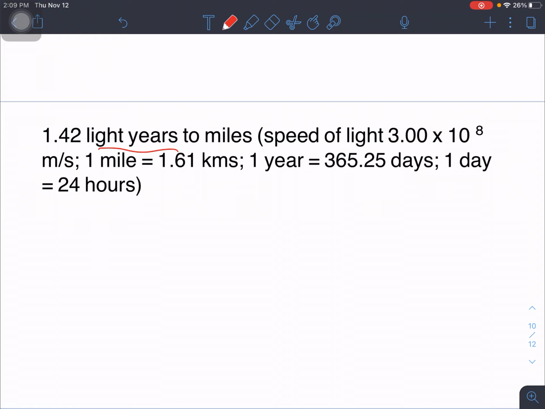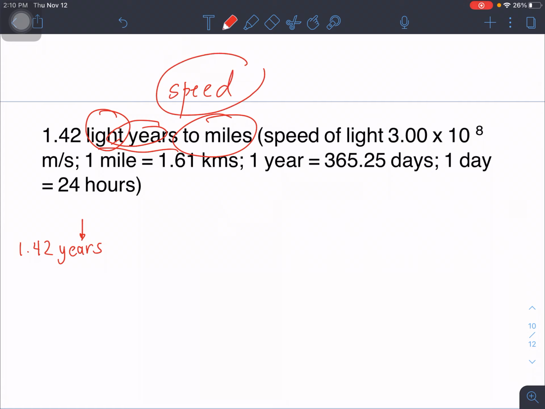So we could take this one as 1.42 years, and we would like to convert light years to miles. Okay, so this is 1.42 years. To express this as a distance, since this pertains to the years that the light needed to travel, we only have the chance to relate time with distance when we describe time as a unit for speed.